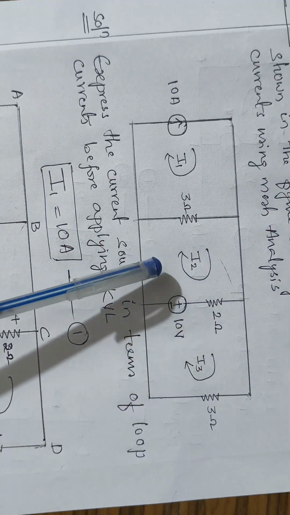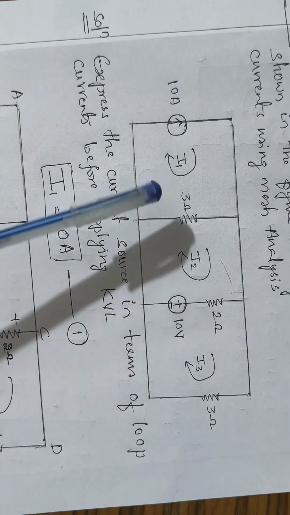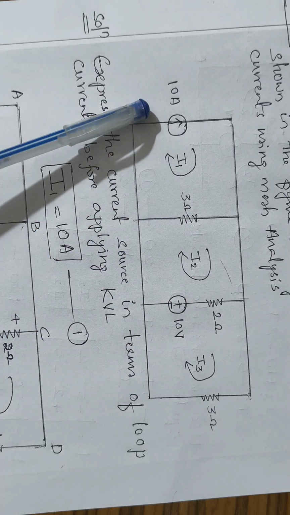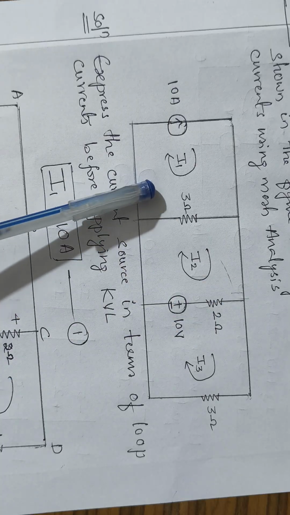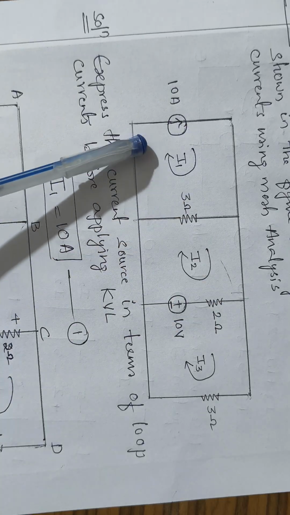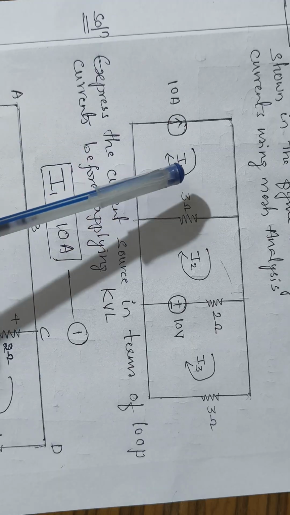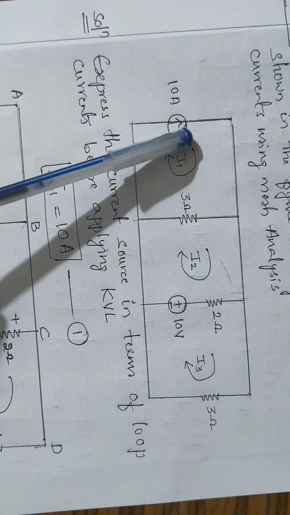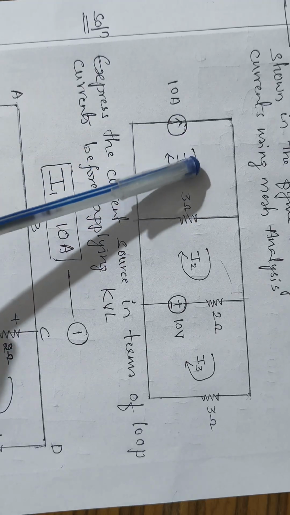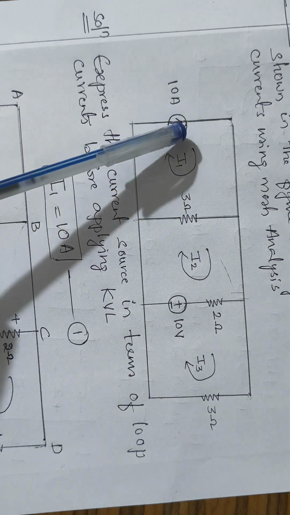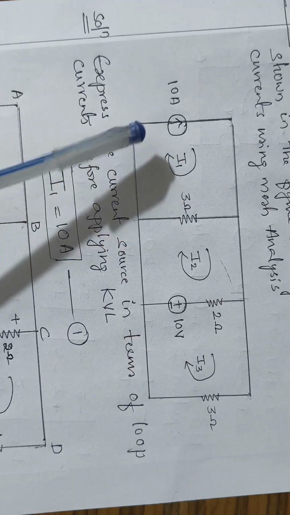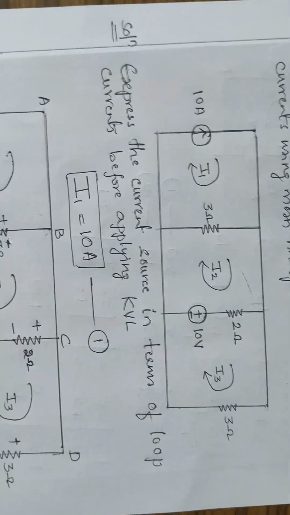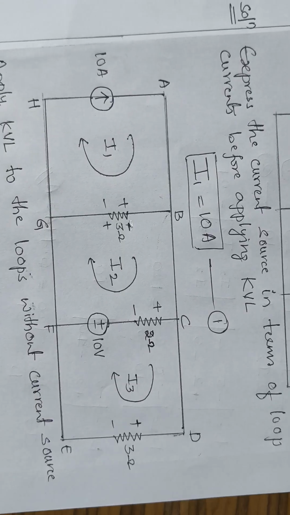So we can write it as I1 is equal to 10 ampere. Why have I written I1 is equal to 10 ampere? Because the direction of the current I1 is in the direction of the current source 10 ampere. So take this as equation number 1.